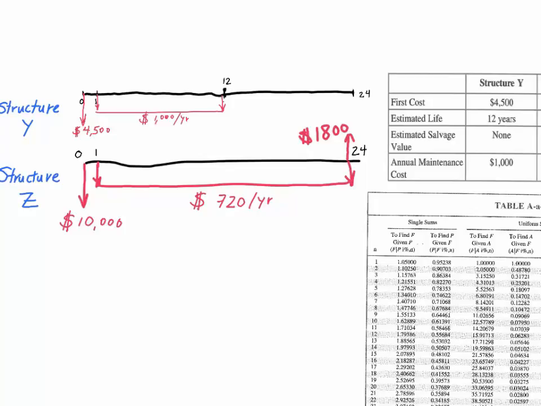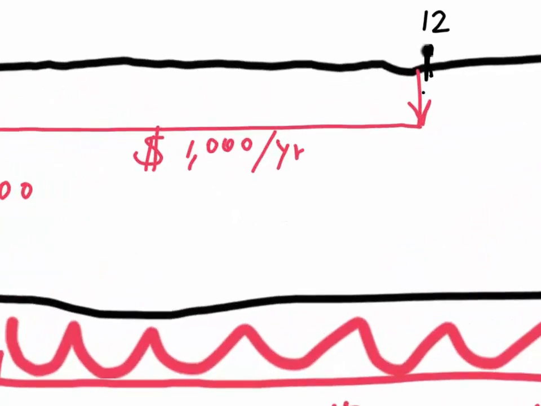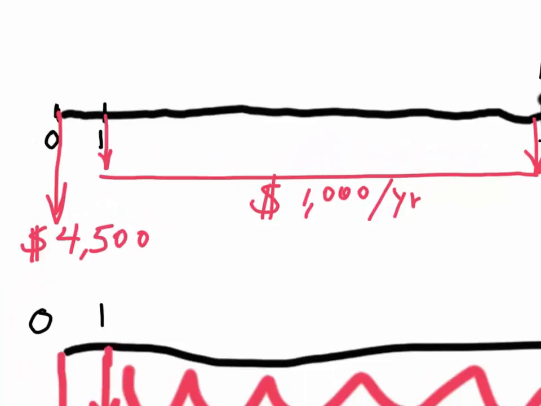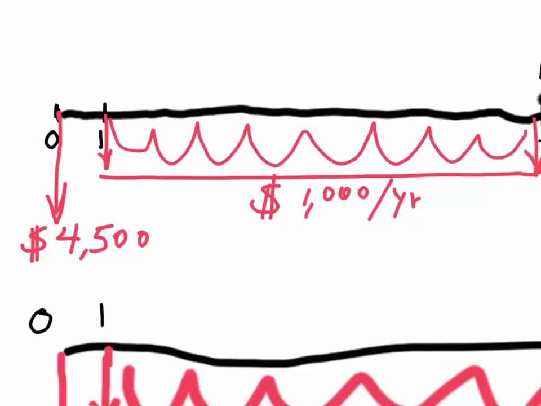Like I say, that's my way of drawing the uniform series, just to show that it is a uniform series and you're recognizing it this way. That will make your life easier when doing the cash flow calculations.